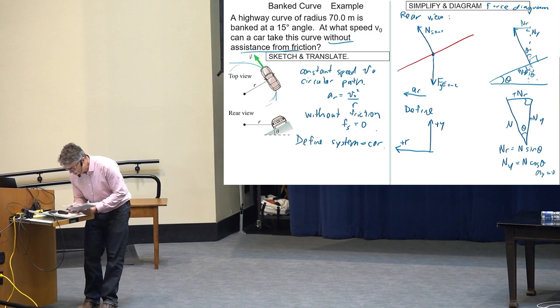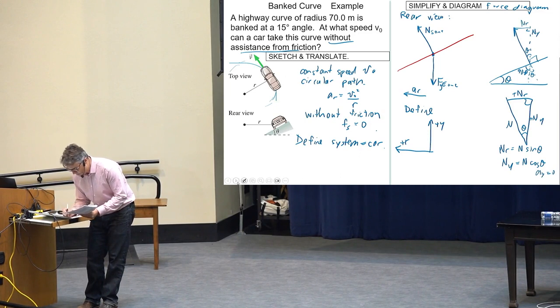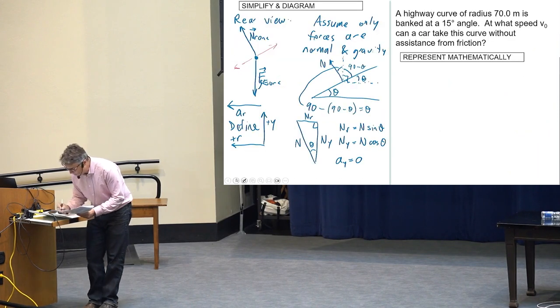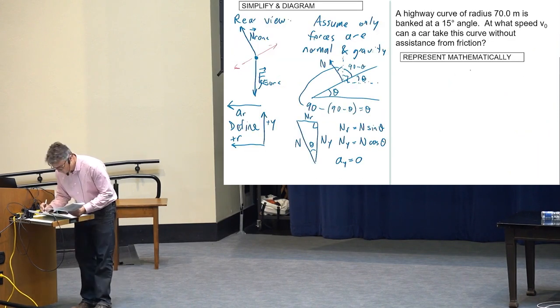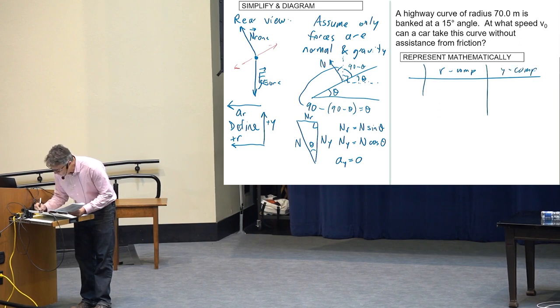All right, so then next step is I'm going to represent mathematically. That just means setting up your Newton's laws. So let's make a little table, where I've got the r component and the y component, and we have the normal force and the force of gravity.